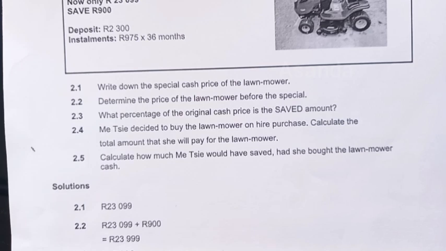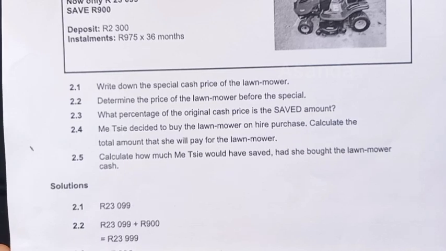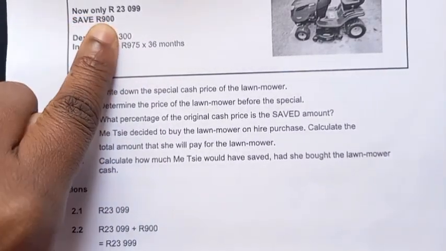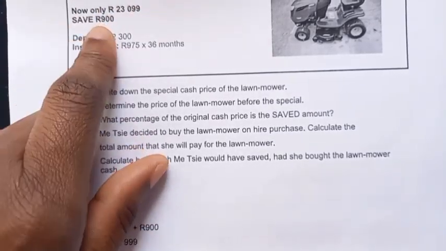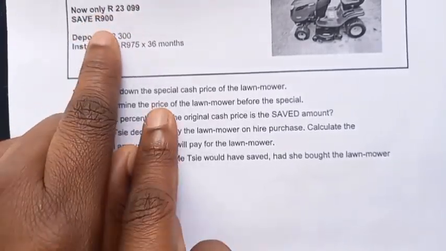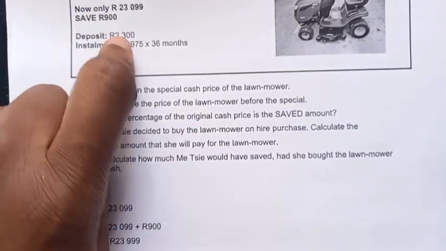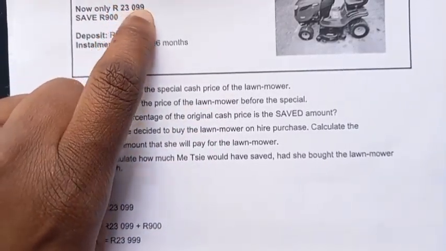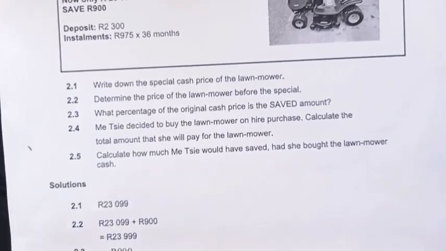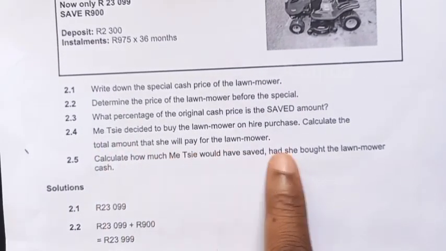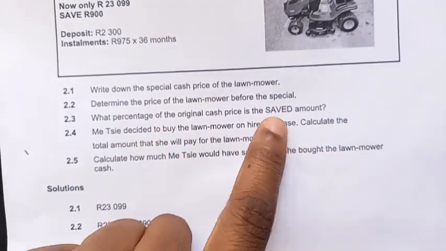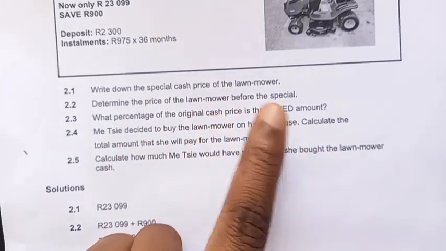Okay, so what percentage of the original cash price is the saved amount? Now they want to know the 900, which is the saved amount. If we buy this on cash, we will save 900 rand. Now they want to know the percentage of this discount. Remember, this discount did not come out of 23,099. It came out of the original price, which is 23,999. They've made it easy for us here, because they say it's off the original cash price.